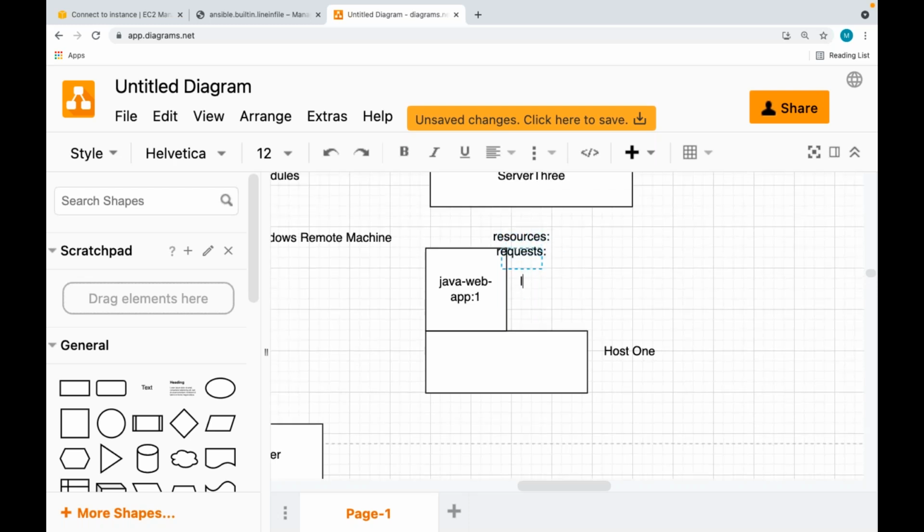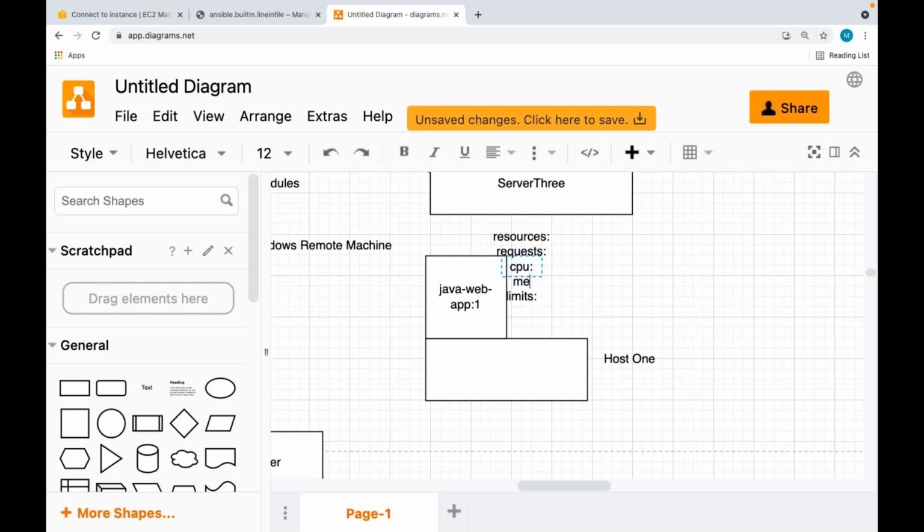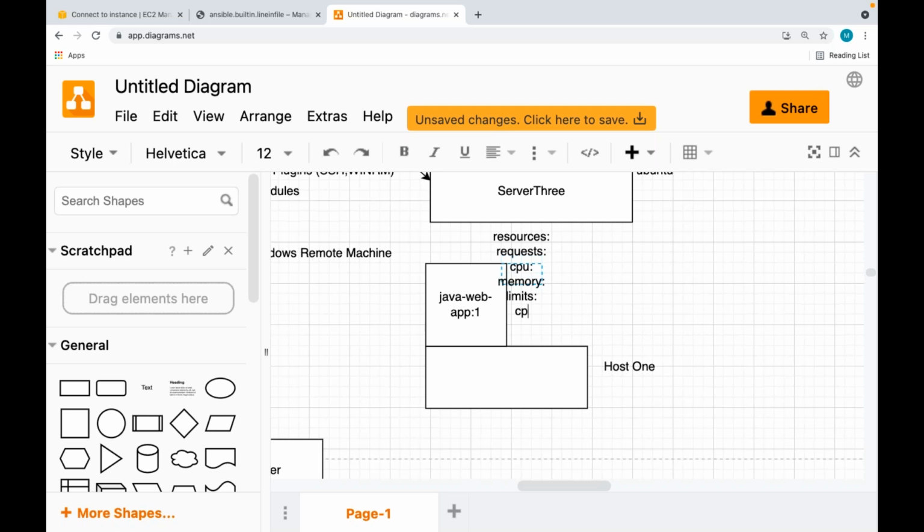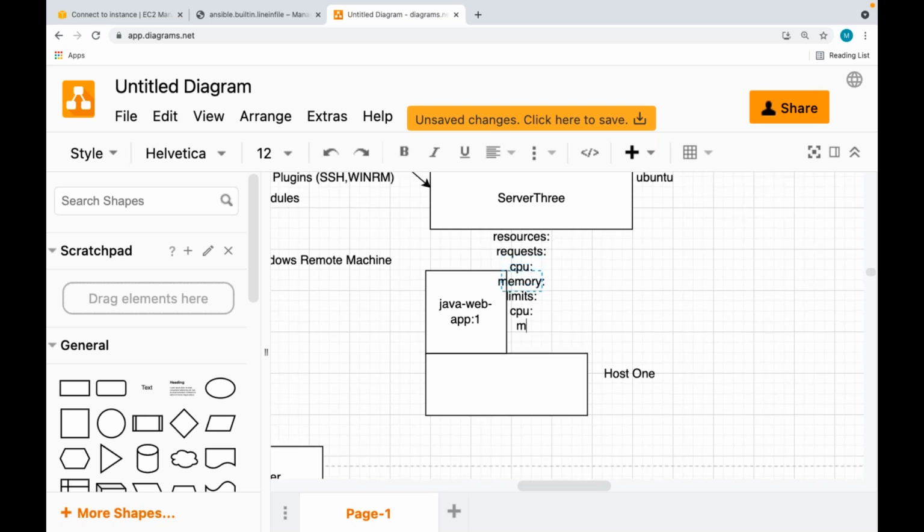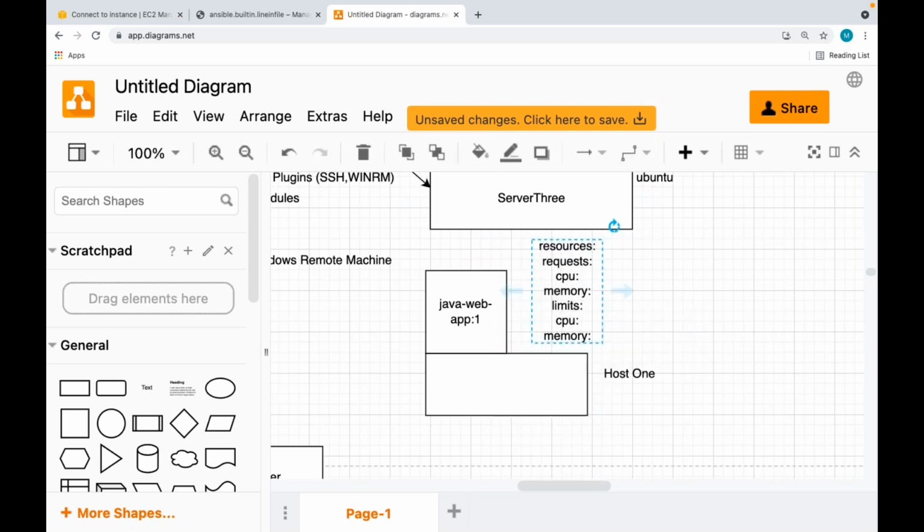Requests and limits, a very, very important interview question also. CPU, memory, CPU, memory. So sometimes in the interview, they will ask what is resource request and limits in Kubernetes.